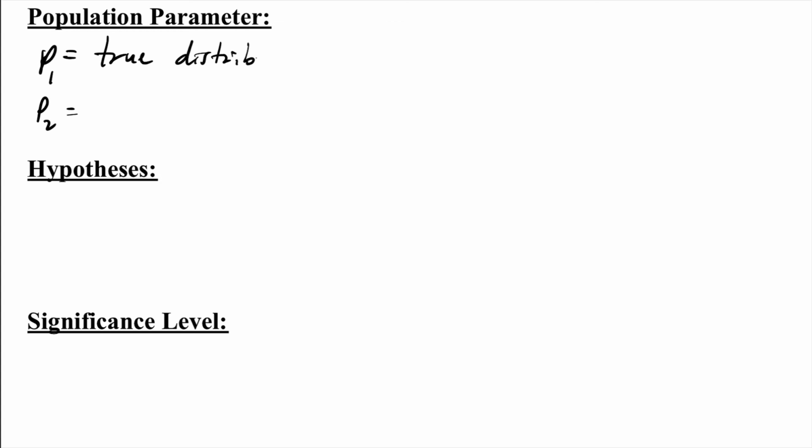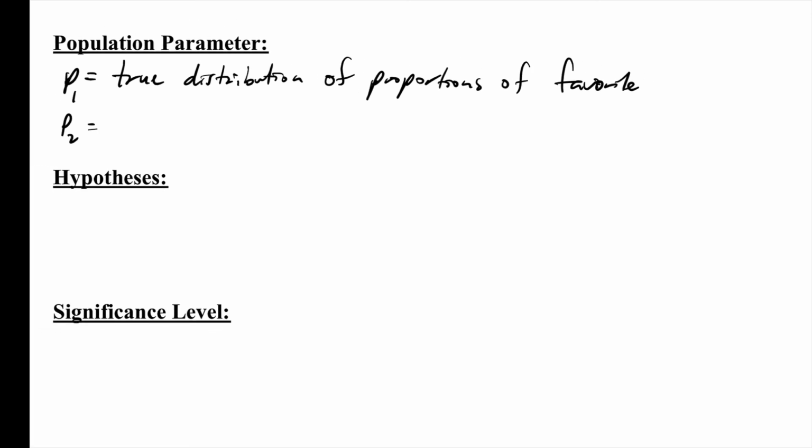Okay, so we would say the true distribution of proportions of favorite colors for first graders. Or color choice. Probably should put color choice instead, because that's the same wording they used.